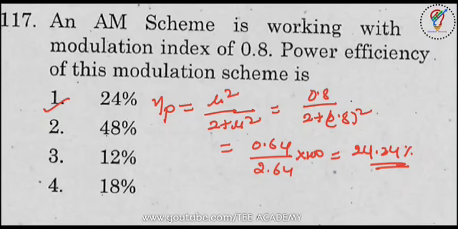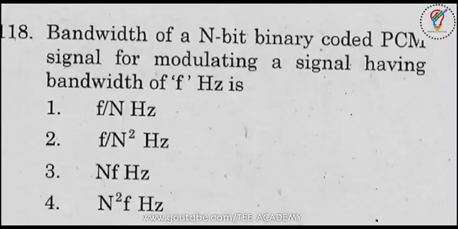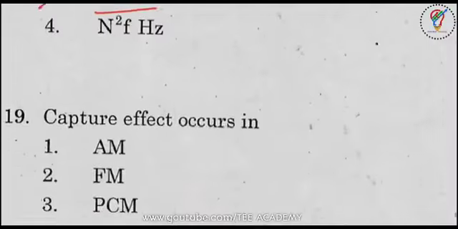Okay, next one: the bandwidth of an n-bit binary coded PCM signal for modulating a signal having a bandwidth of f Hz is, direct formula, n f Hz. Here n is the number of bits in the binary code and f is the bandwidth of the signal.